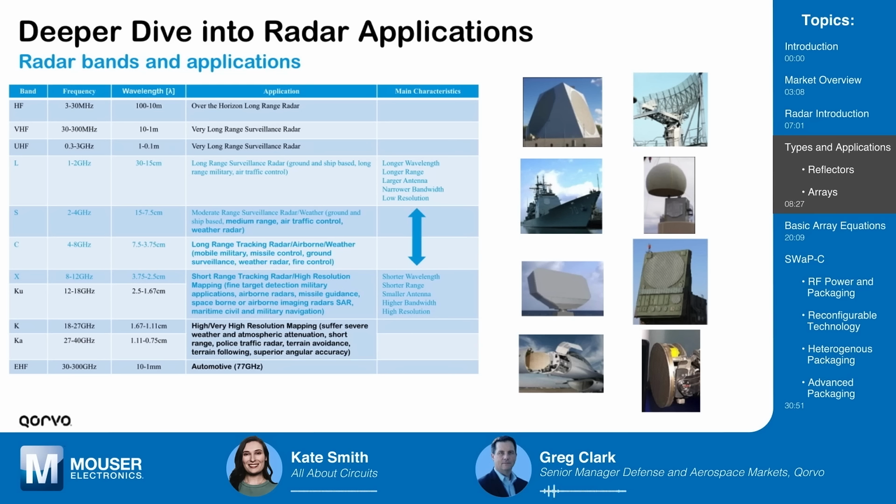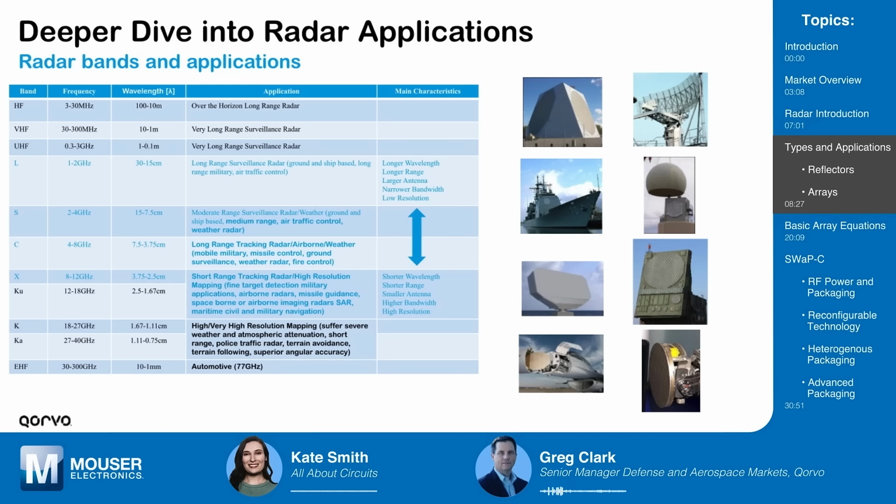And then Ku, K, and Ka band. I don't see a lot of Ku band these days, although I think it's picking up. It gets operated similar to X-band. The K and the Ka band stuff is high resolution mapping. They do have their downsides in the sense that they suffer from the weather and atmospheric attenuation.